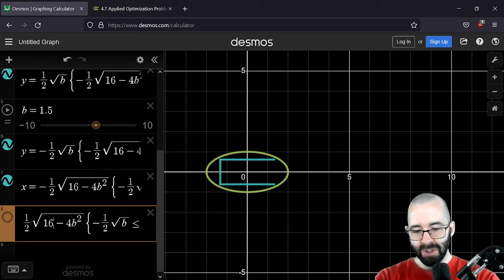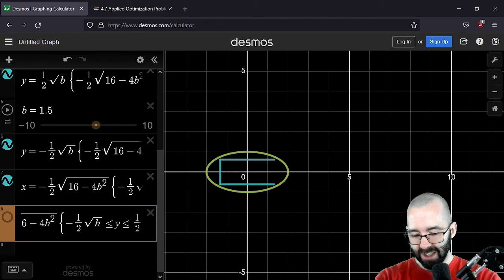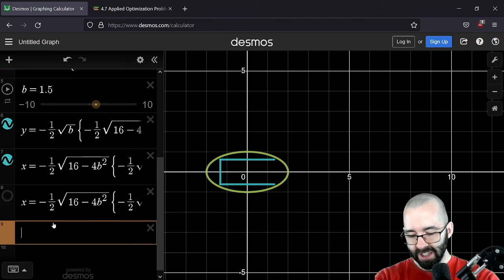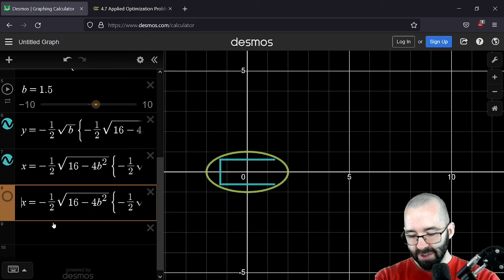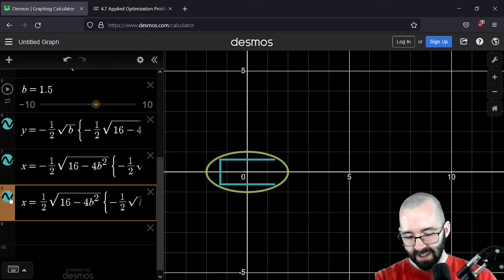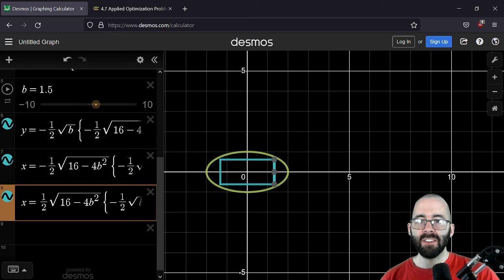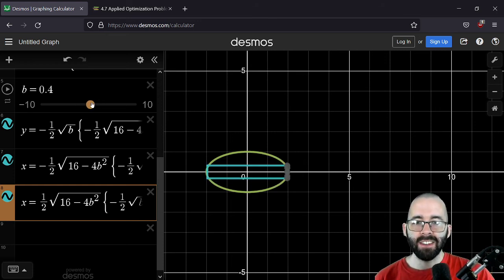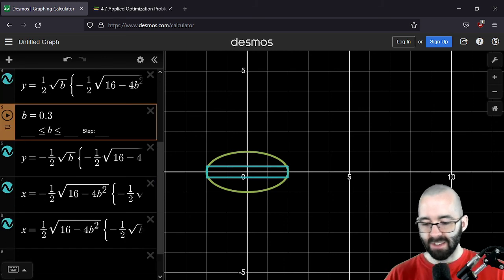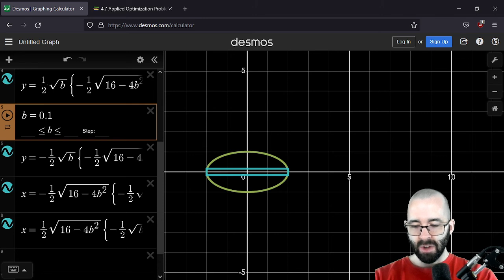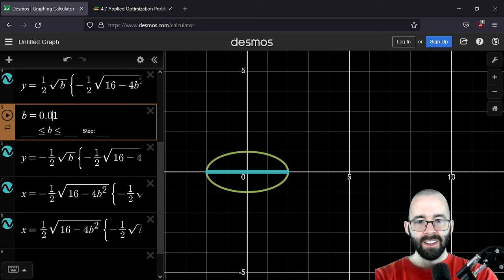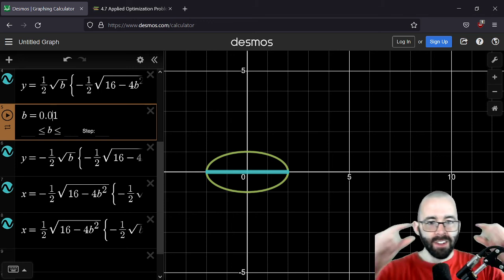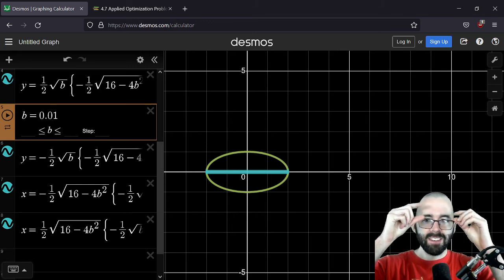So we can actually visualize, using a clever formulation like this, what the box looks like for any value of B. If B gets smaller, as B gets closer and closer to 0, and I can type this in manually, 0.1, it gets really small. 0.01, the area is approaching 0 because B is that vertical distance.